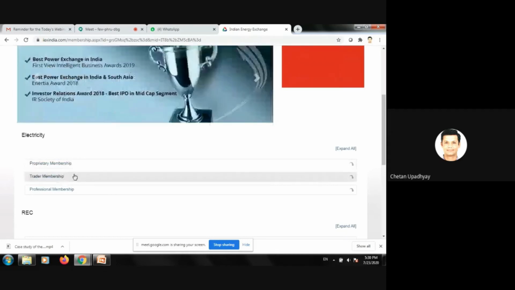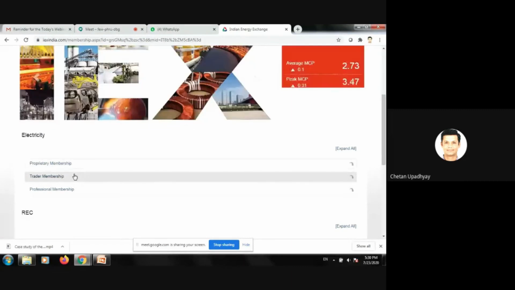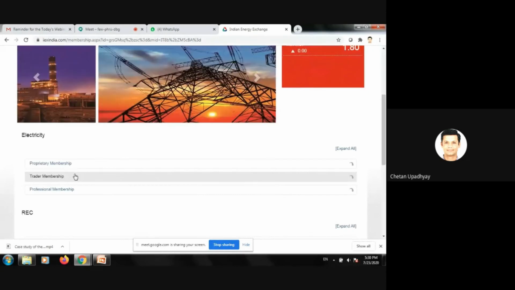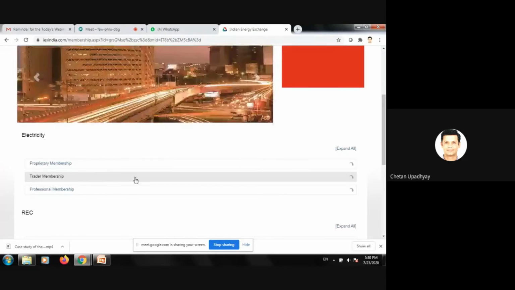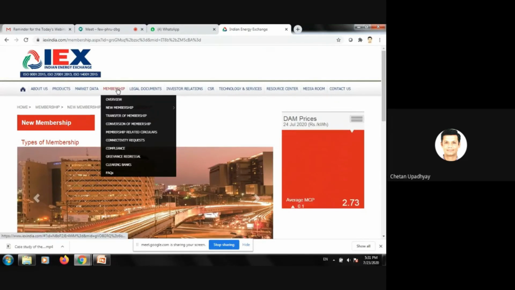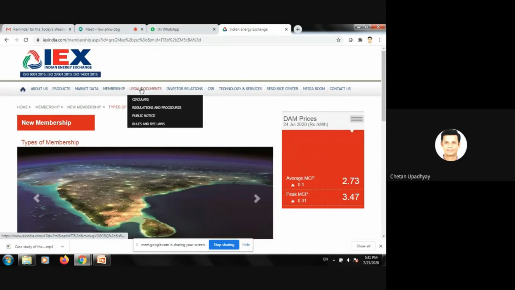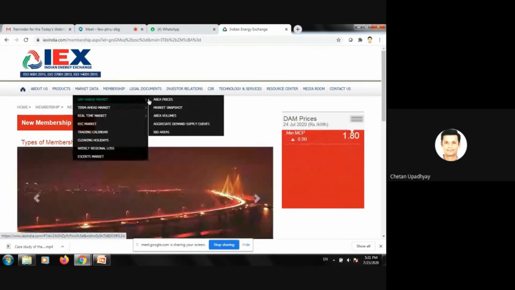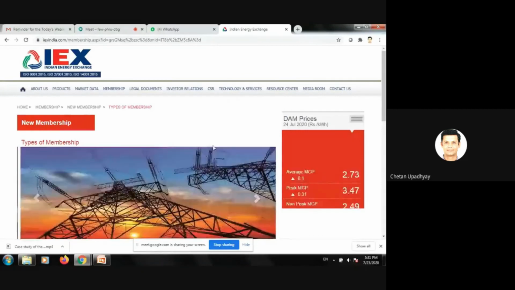If you have your company or 2 or 3 friends are working together, you have to provide the particular company's details. And you can become part of this. Once you do all this process, after that everything is possible on your mobile phone. Some legal documents are also there, some day ahead market values are there, area prices are there. Whatever is happening live, that can be part of your app. But before that you have to become a member of this.